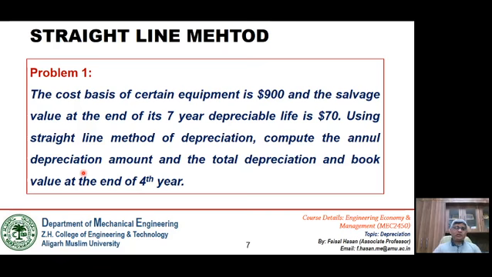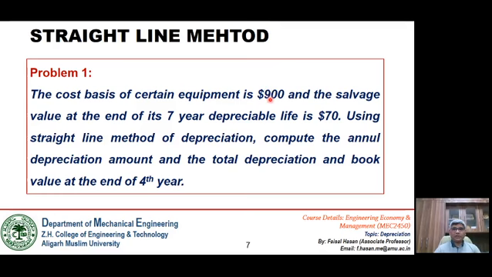Now, let us see this straight line method with the help of a very primary example. The problem is something like this. The cost basis of equipment is given, and the salvage value at the end of 7 years is given. The cost basis is $900, simply the first cost of the equipment, or the cost incurred in acquiring and making this equipment functional at the respective place.